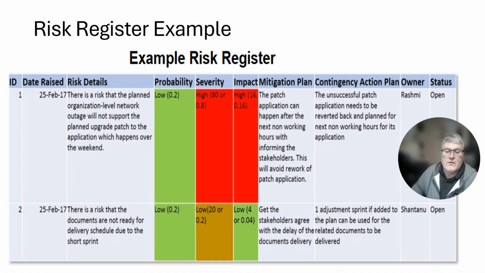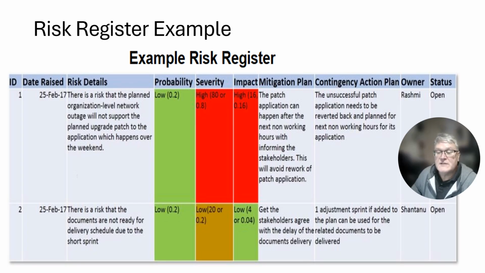Here's an example of a risk register. You might provide a number ID for the risk. You document when the risk occurred, you provide details concerning the risk, and you assess the probability, the severity, and the impact if the risk occurs. You might have a mitigation plan involved with it: if this risk occurs, this is what we're going to do as a project management team to address it.